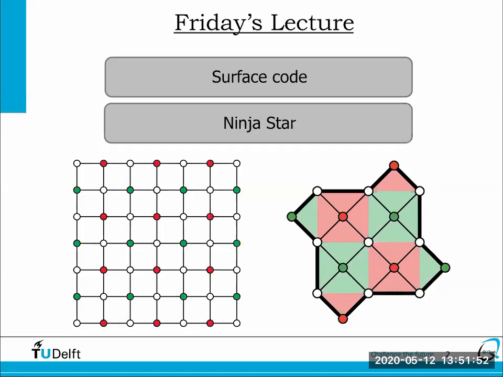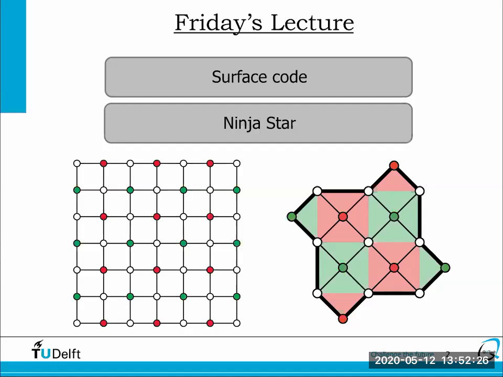Depending on how you encode your logical qubit, you will need more or fewer physical qubits per logical qubit for the same distance, and the logical operations will be performed in a different way. Then, at the end of the lecture, we discussed a specific distance-three surface code called Surface-17, and we looked at how to perform logical operations in it and how to perform quantum error correction cycles.